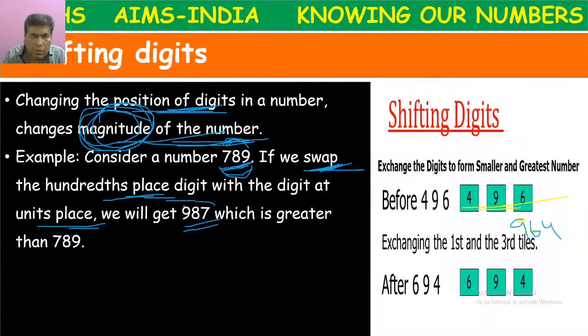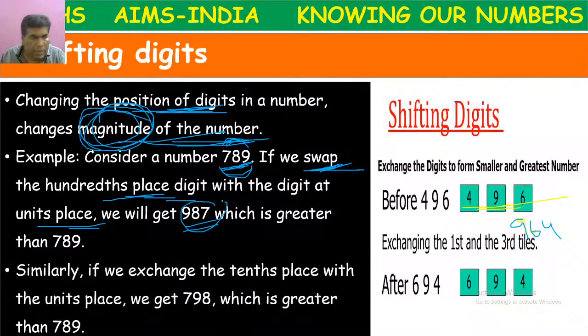So it turned into 987. This 987 is the greater value, and 789 is the lesser value. Even 798 is there. If we interchange these two, 9 and 8, it will become 789. Like that we can shift the numbers. Okay, children?